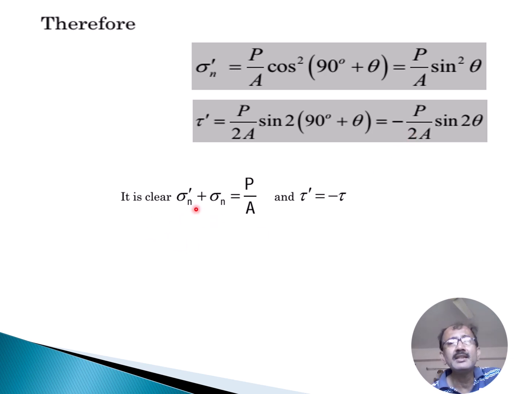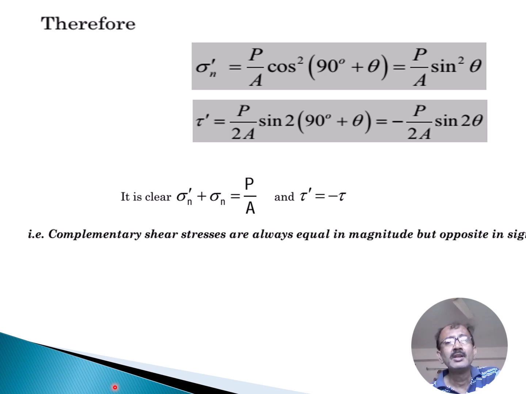If we add this normal stress and the complementary normal stress, we get this value. Similarly, tau dash equals tau in magnitude: the complementary shear stress and this shear stress are the same in magnitude but opposite in direction. That's why complementary shear stresses are always equal in magnitude but opposite in sign.